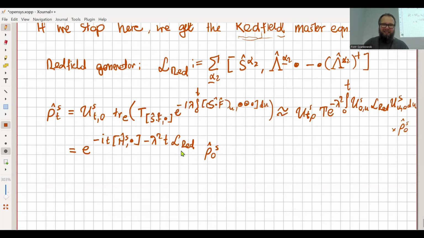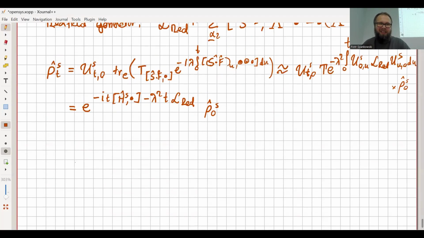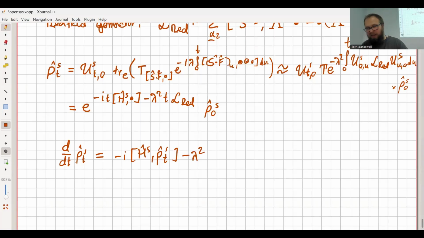Okay, so now this is quite simple, and now we can get the dynamical equation. If we differentiate rho_S(t), we get minus i H_S rho_S(t) minus lambda squared L_red rho_S(t).